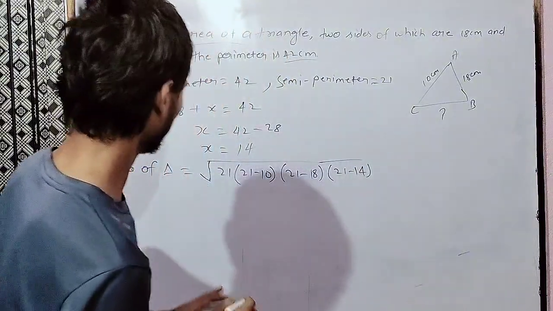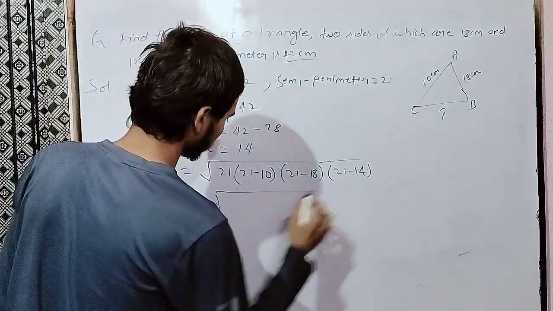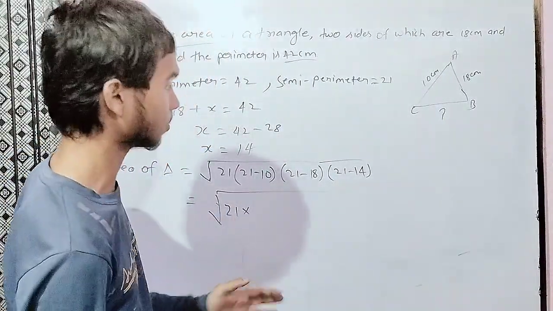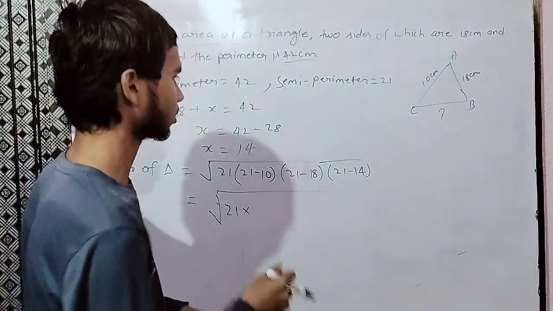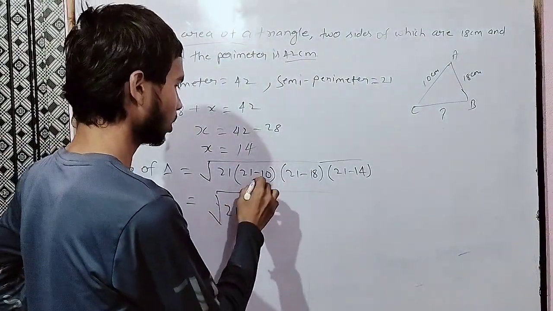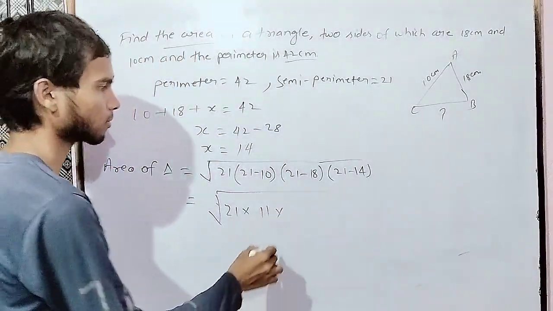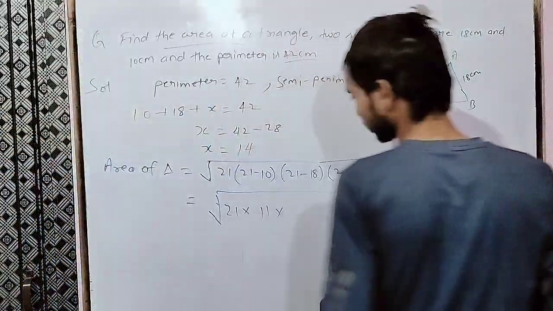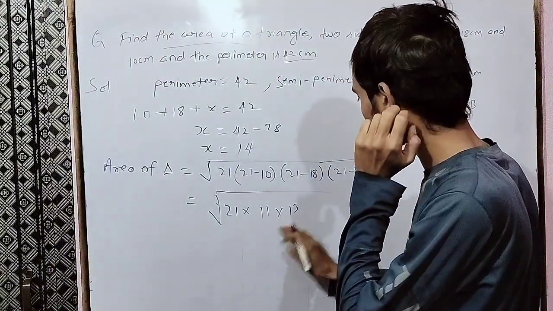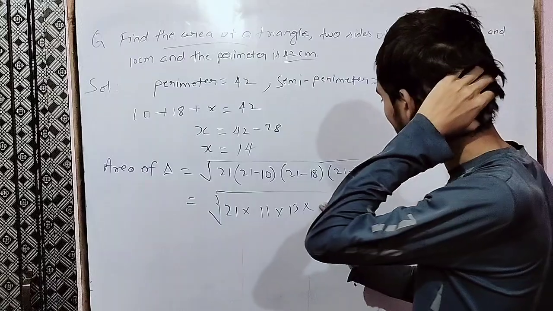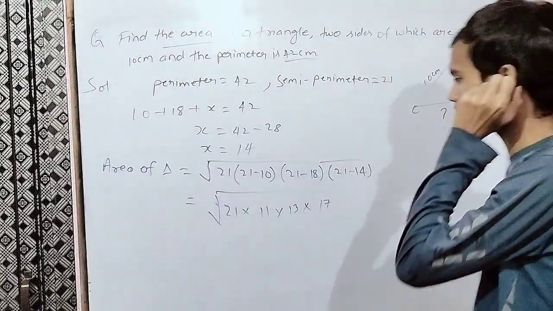Now we are going to simplify it, then it will be the final answer for this question. We will factor and then we will have the answer. 21 minus 18 will be 3, and 21 minus 14 will be 7.